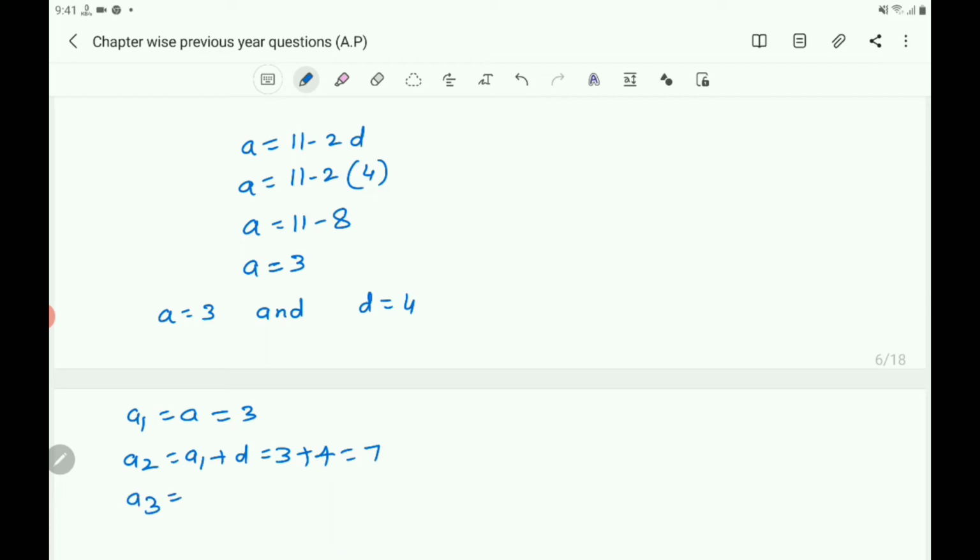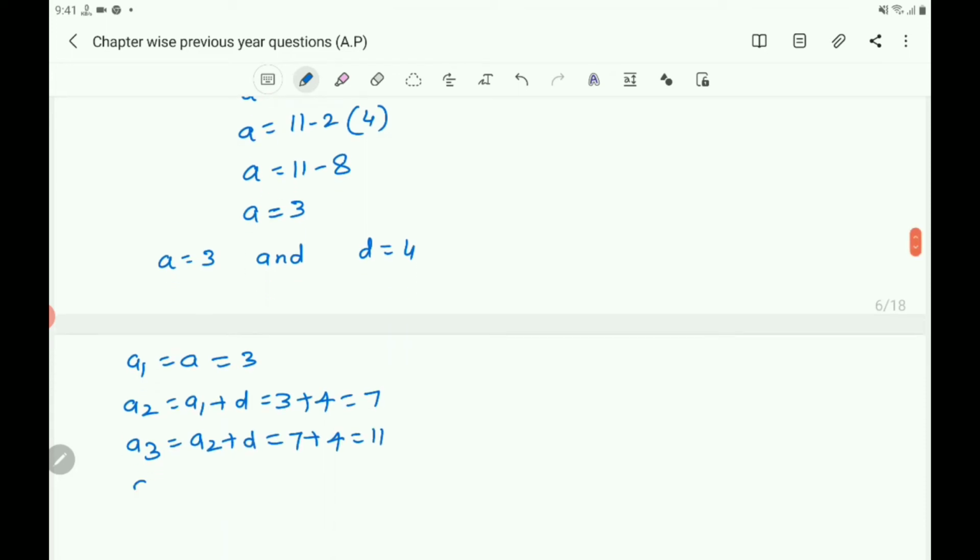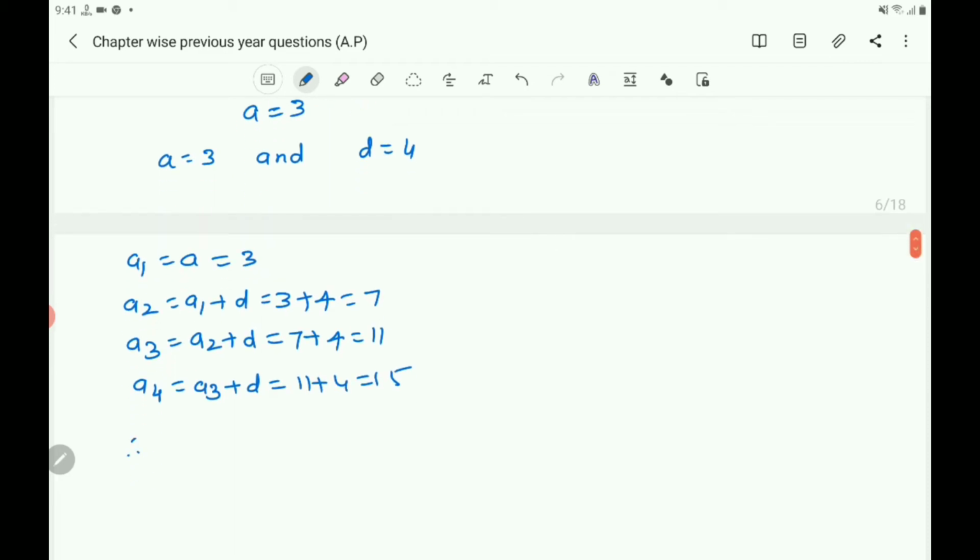A3 is A2 plus D, that is 7 plus 4 equals 11. Again you can take A4. A4 is A3 plus D, that is 11 plus 4, 15. Therefore AP is 3, 7, 11, 15, and so on.